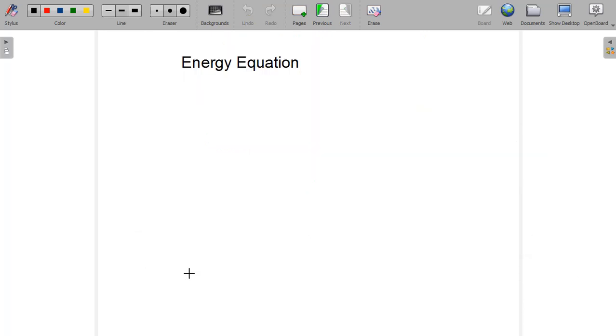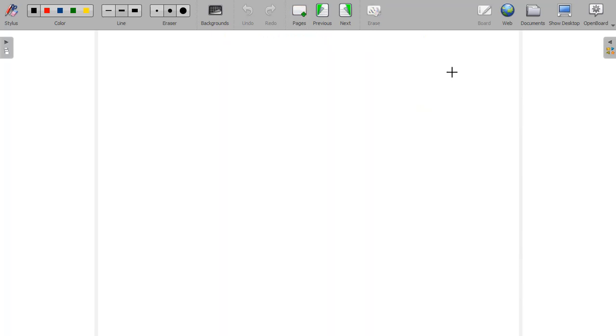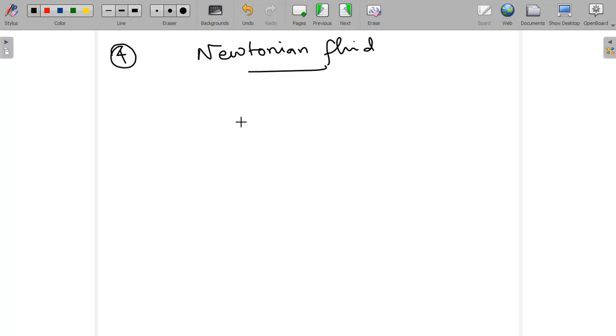Now we are also considering that fluids are going to follow Newton's law of viscosity. So what is the general form of Newton's law of viscosity? This is one of our assumptions, that the fluid will be Newtonian, that means it is going to follow this constitutive relation, that is the relationship between the shear stress and the velocity, or to be very specific, velocity gradients.